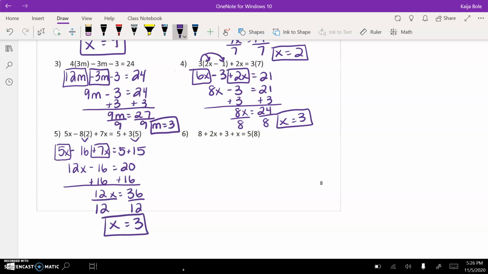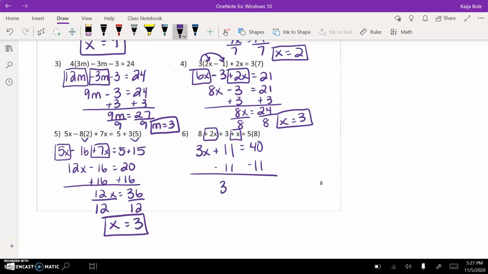And the last one here, I see I've got some multiplying on the right, so I can just do that. That's 40. I've got plus 2x plus another x, so that gives me 3x's, plus 8 plus 3 gives me 11. So now I'm going to subtract 11 from both sides.